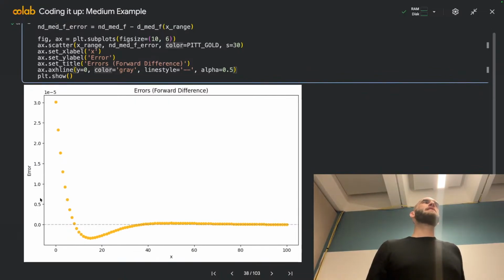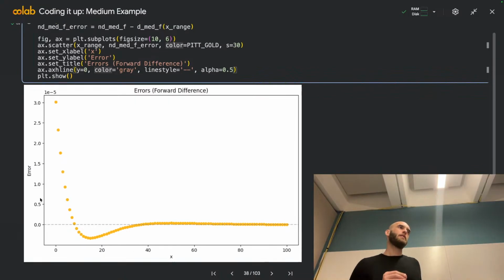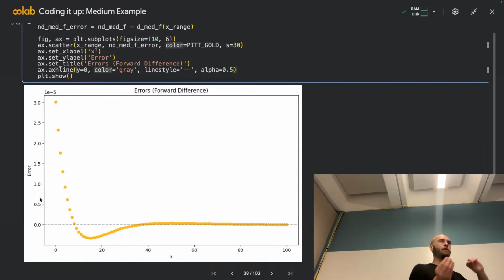And what you can see here is there are systematic errors in the numerical derivative with respect to the analytical derivative. For these small values, the analytical derivative is smaller, so we're overestimating the derivative using the numerical approach. For these values, just slightly larger, the error goes in the other direction.